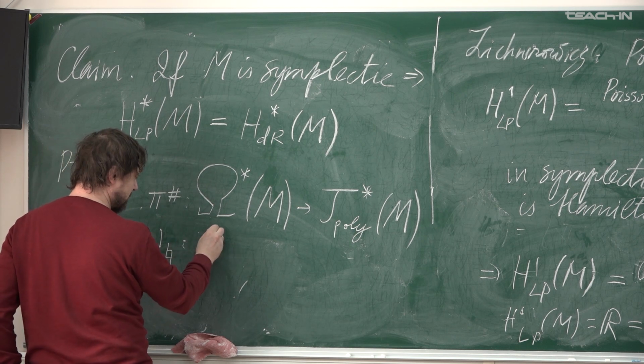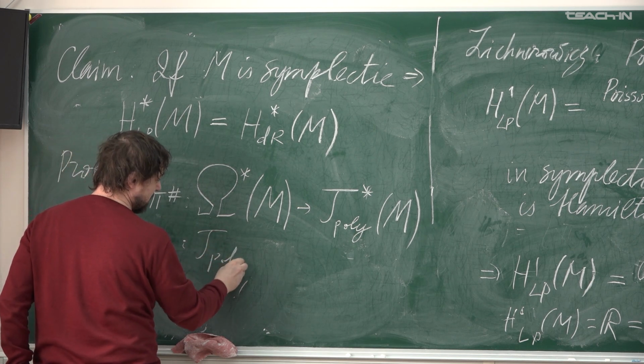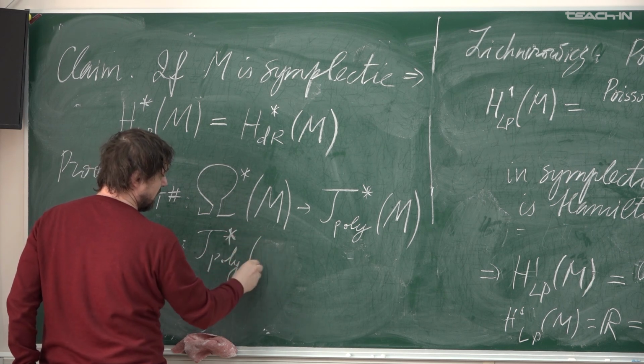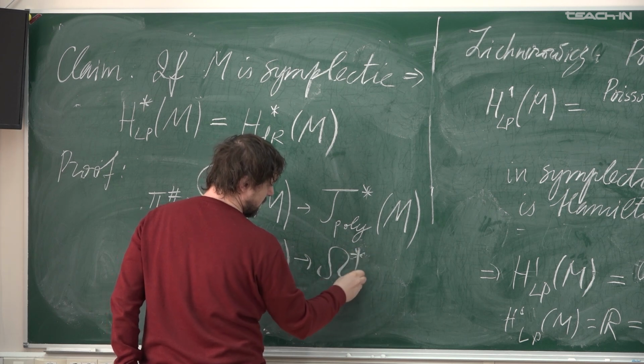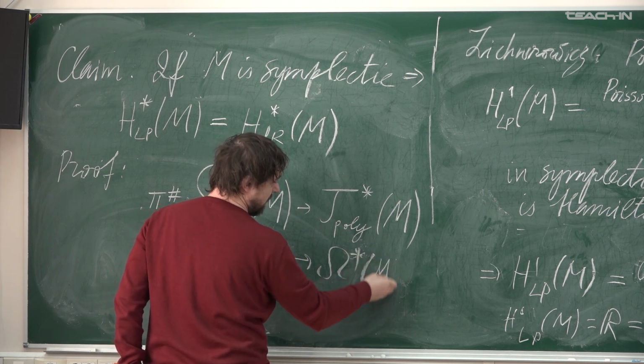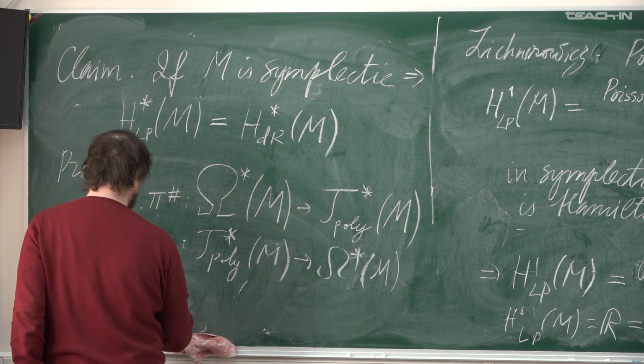So this operation goes from polyvector fields on M to differential forms on M, and they are inverse.